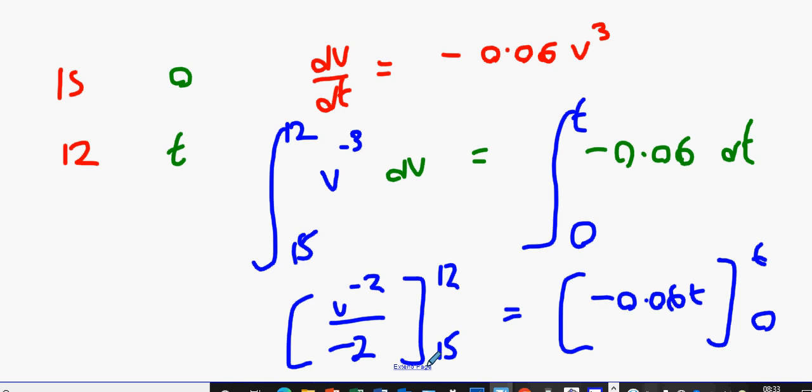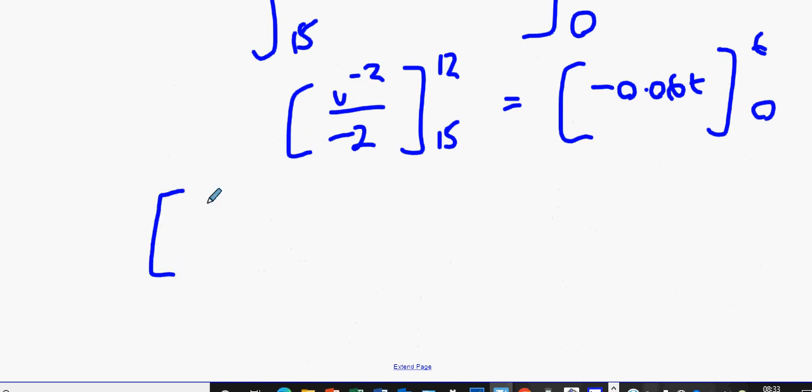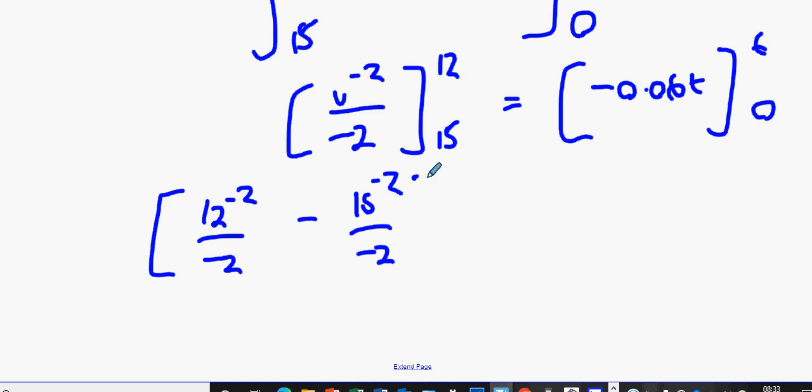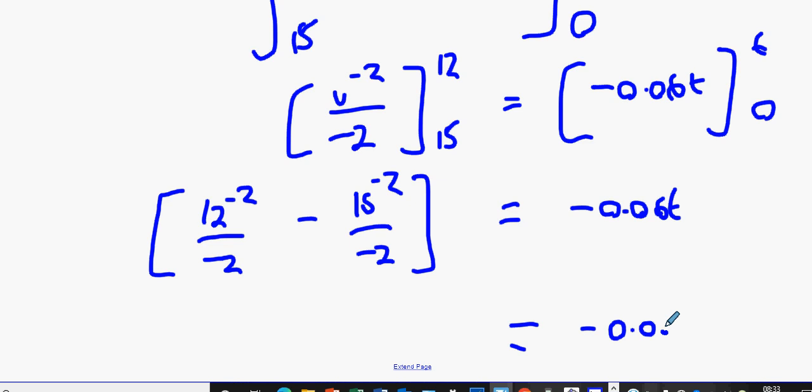And lo and behold, your calculator is going to do all the work. It's going to be 12 to the power minus 2 all over minus 2, minus 15 to the minus 2 all over minus 2, equals minus 0.06 t. If you can give me what's in that bracket, that'd be great. Hoping negative anyway.